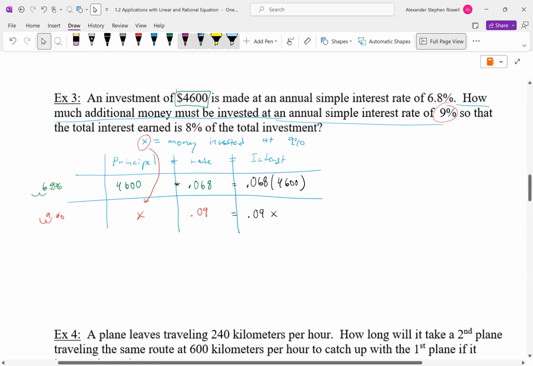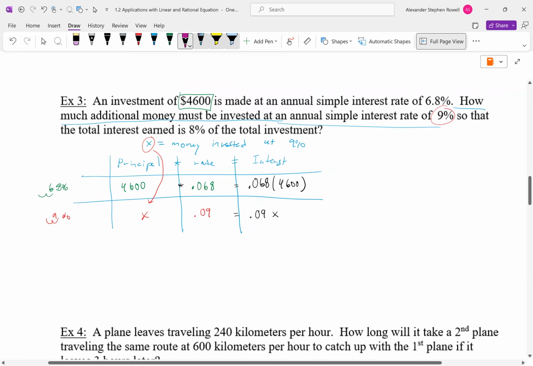Okay, so we want to use the last line, right? So that the total interest earned is 8% of the total investment. So total money earned is these two added together, right?